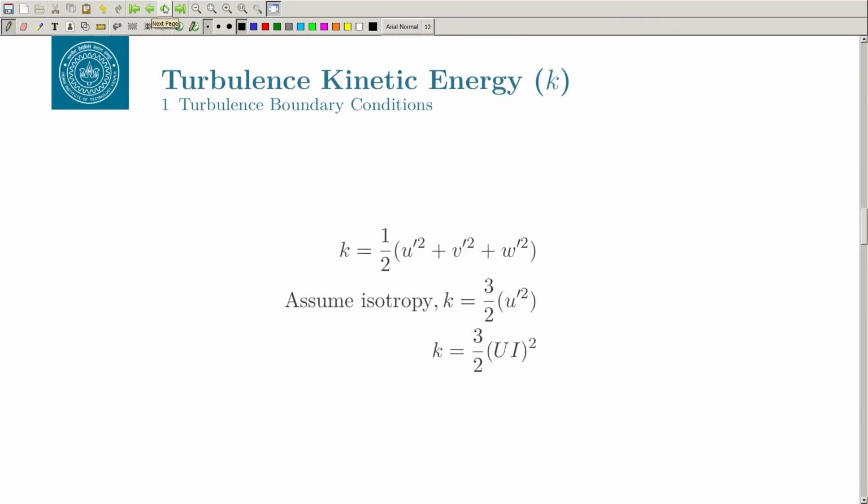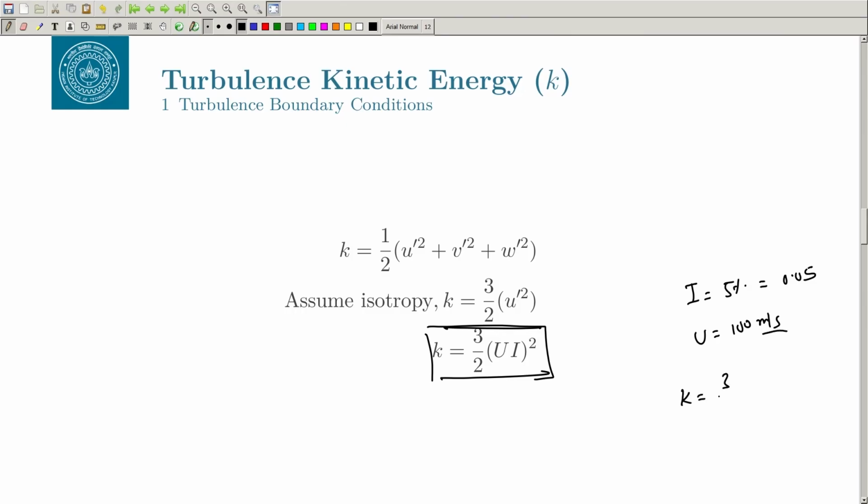Right. So, this we discussed that when you assume isotropy, it becomes K equal to 3 by 2 into u_i square. So, if you know the intensity, let us say intensity is 5%, so that will be 0.05, and u is let us say 100 meter per second. So, your kinetic energy will become 3 by 2 into (u into I, 0.05) square.